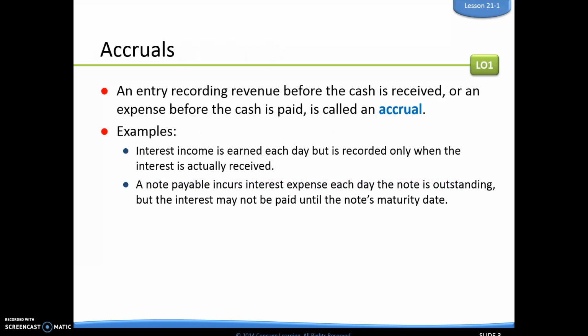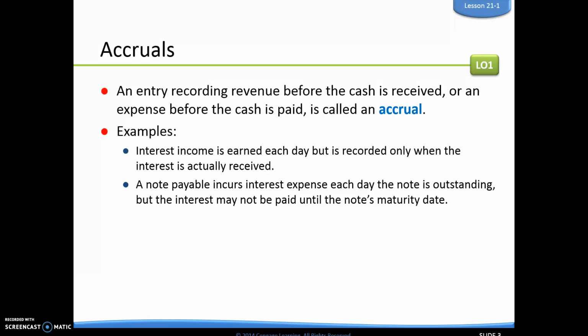So first off, let's talk about an accrual. An accrual is an entry recording revenue before the cash is actually received, or an expense before the cash is actually paid. That's called an accrual. Examples of these are where interest income, remember, is earned each day, but it's recorded only when the interest is actually received.